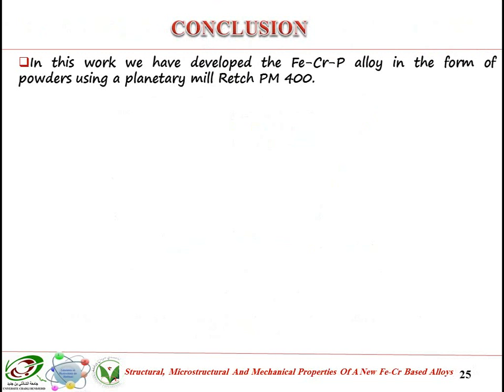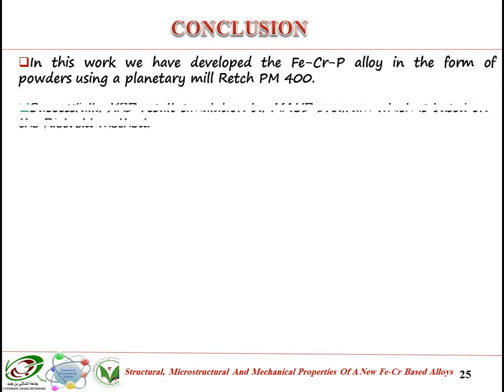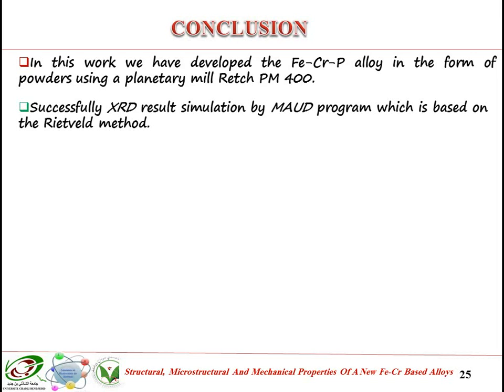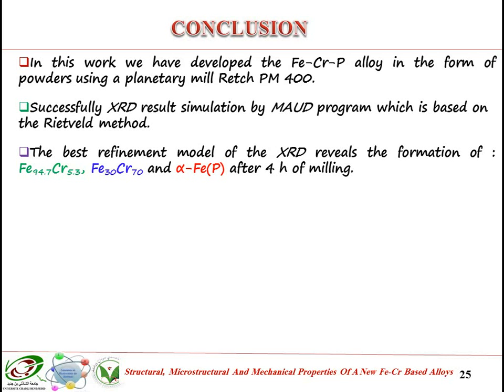In this work we have developed the iron chromium phosphorus alloy in the form of powders using a planetary mill, Retsch PM 400. Then the XRD results were simulated by the MAUD program, which is based on the Rietveld method.